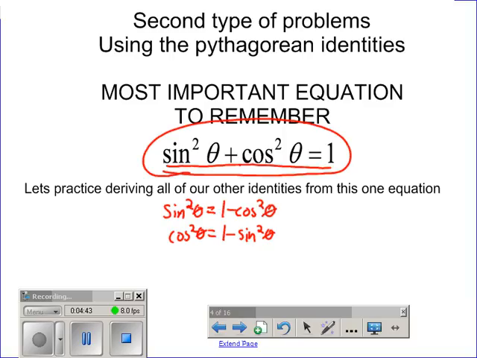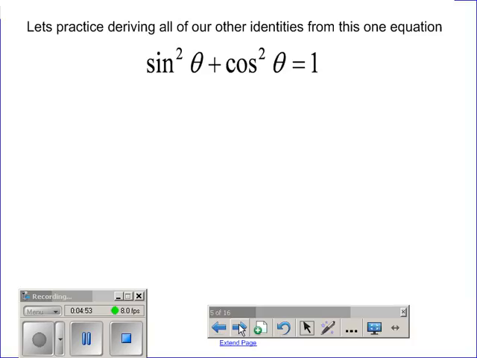Any one of these 3 I can just pick out of this one equation. Now let's talk about how we can get tangent and cotangent out of this. Like we said before, everything we've used is made up of sines and cosines. We just have to be able to manipulate it.